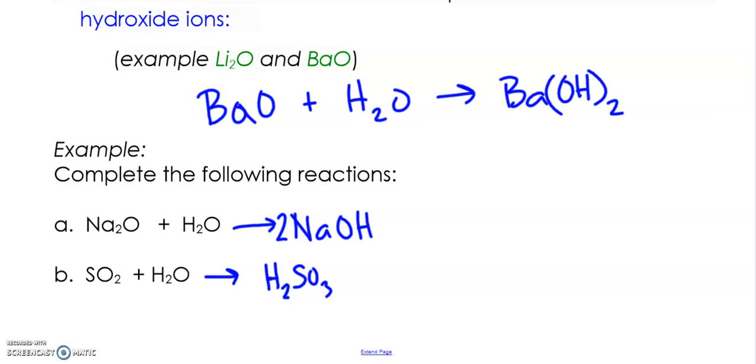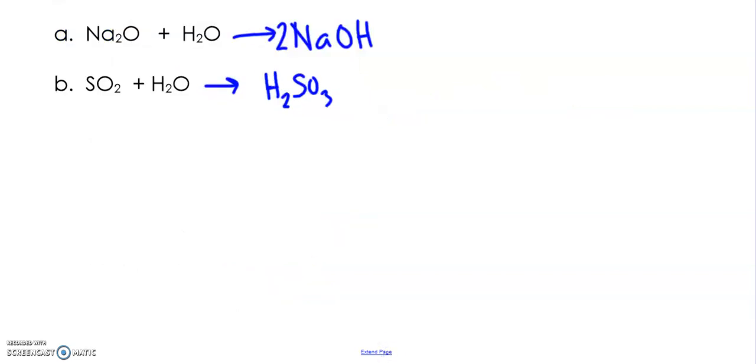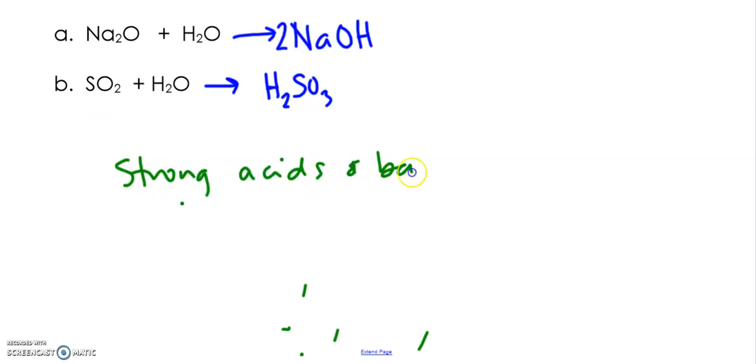All right, so related to all this, to help prep us for what's coming up, if you remember when we did electrolytes, we talked about strong acids and strong bases versus weak acids and weak bases. We're going to talk about that more and kind of what that means. But if you remember, strong acids and bases will dissociate 100%.